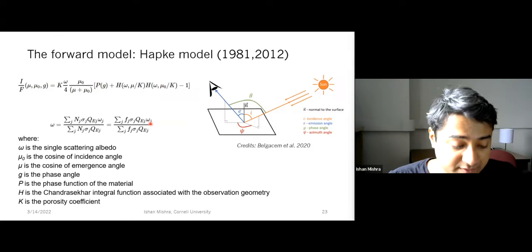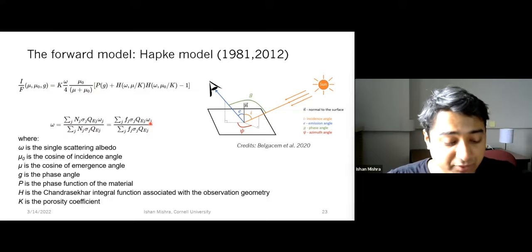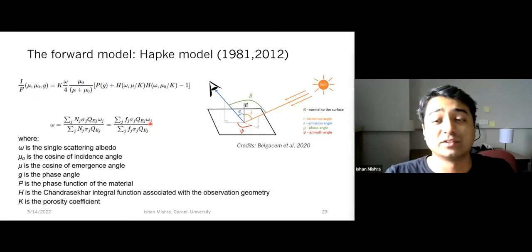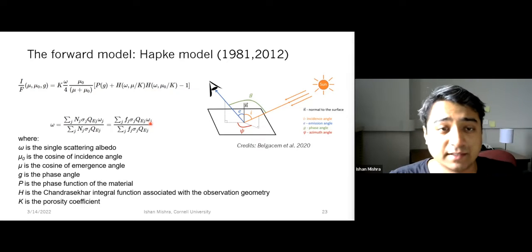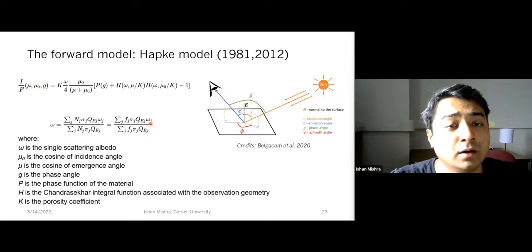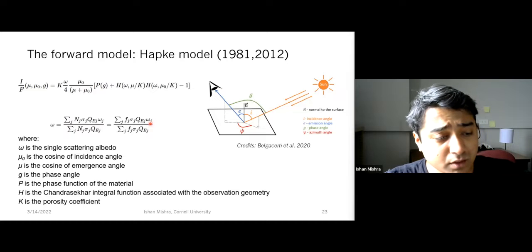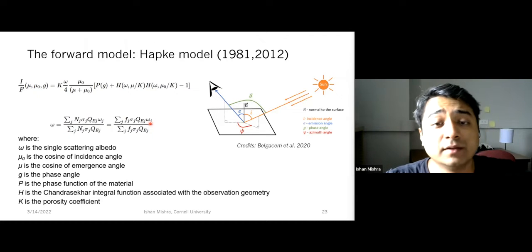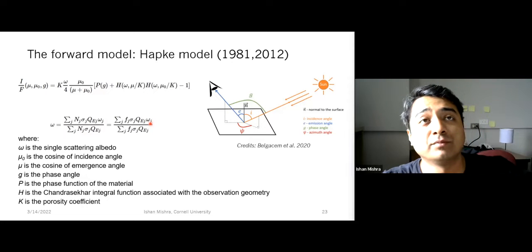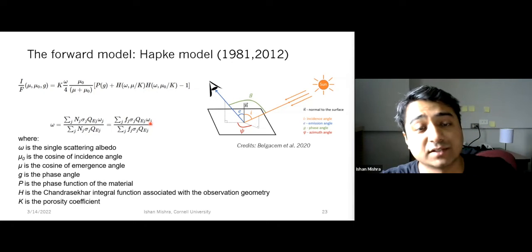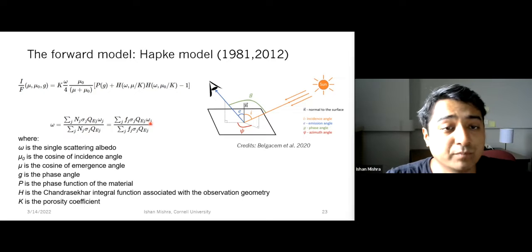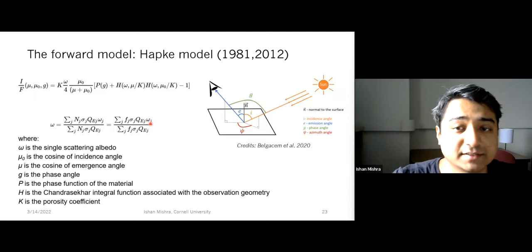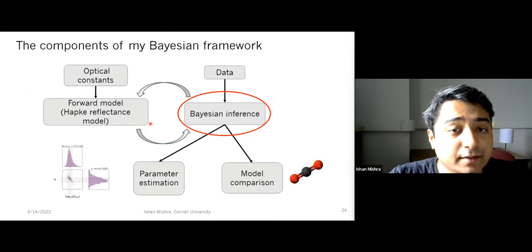Hopefully the field will move towards more of this lab data being available, which currently the literature is not very rich with, specifically for Europa-specific materials that are very cold, and with the specific salts and so on. Hopefully we'll have more data sets in the coming years.